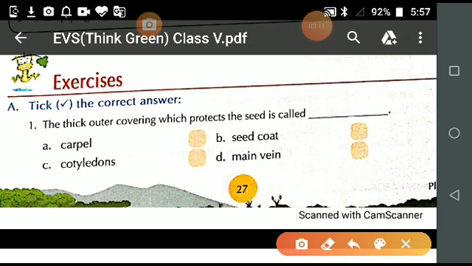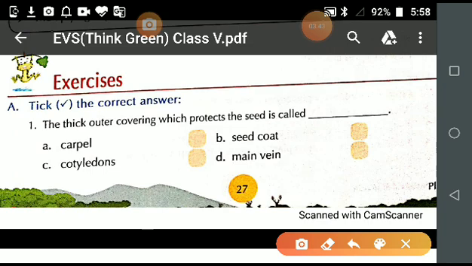And then main vein. When I was explaining the structure of a leaf, I explained that there are many veins on the leaf.